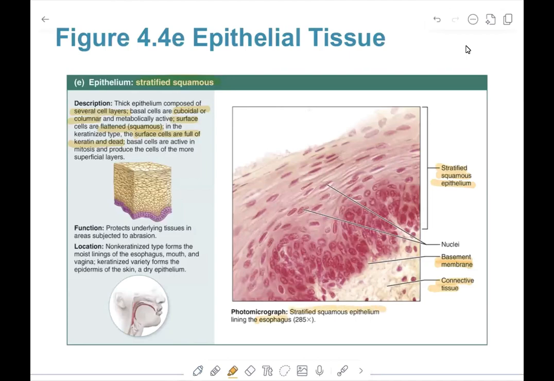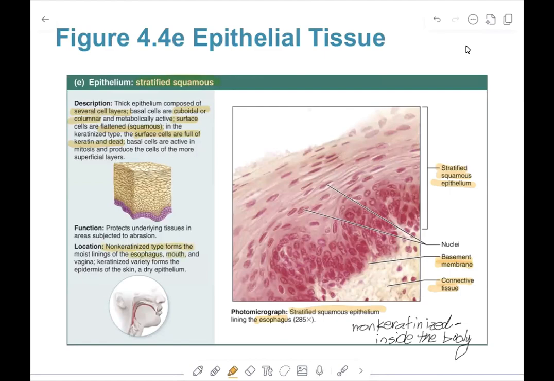So for that reason, it is non-keratinized. Basically, non-keratinized, since it doesn't have that tough protein, is found inside the body. Beginning with the oral cavity, extending down into part of the throat, into the esophagus, we have the non-keratinized type.